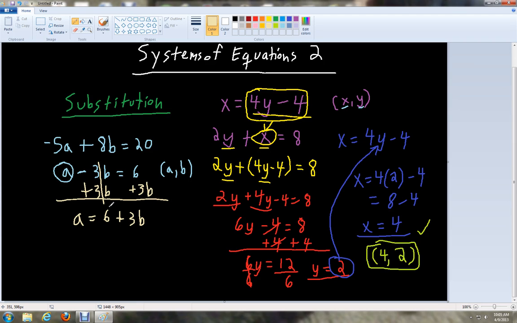So now we know if a is 6 plus 3b, we can plug that into the other equation, right? We substitute in place of a. So we have negative 5 times the quantity 6 plus 3b, plus 8b equals 20.